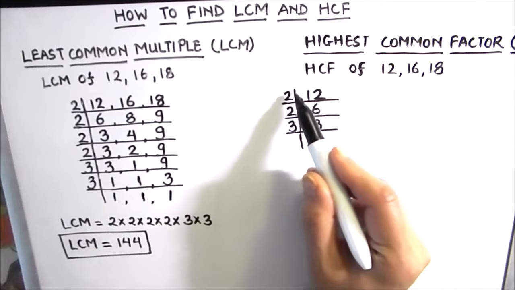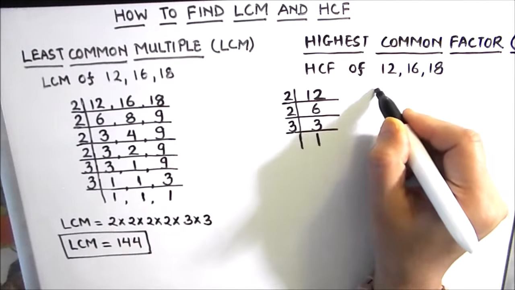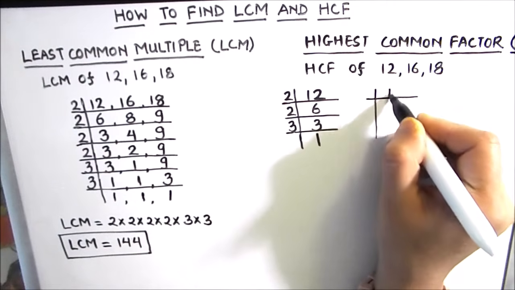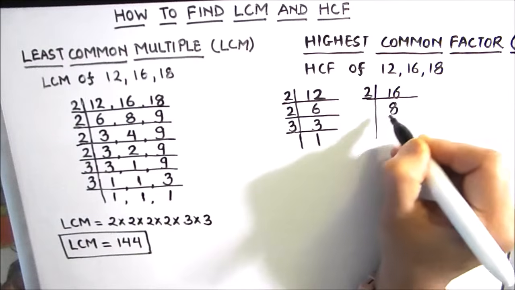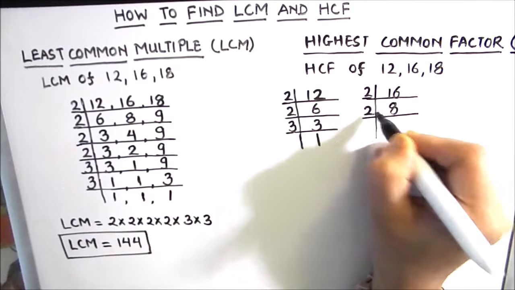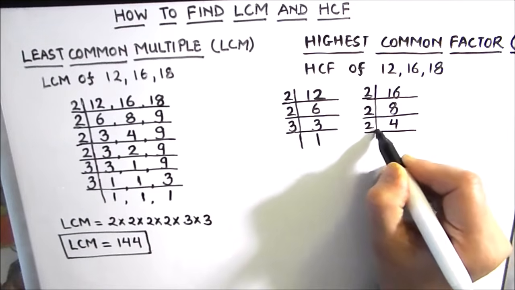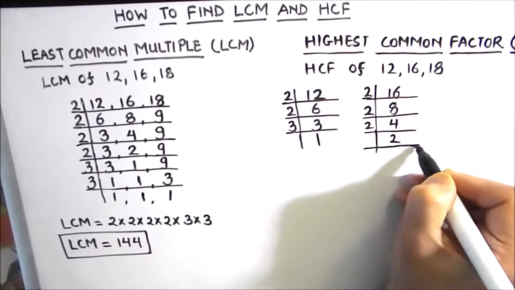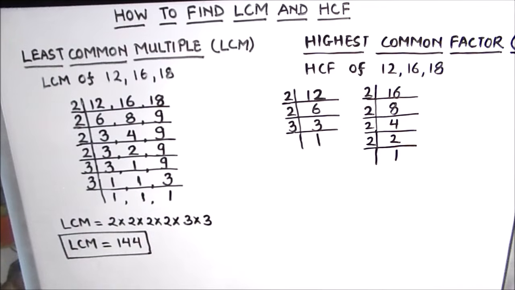So we got the factors of 2, 2, 3 on the left hand side of the ladder. Next, we will find the factors of 16. 2 times 8 is 16. Again, we can divide by 2. 2 times 4 is 8. 2 times 2 is 4 and 2 times 1 is 2. So 16 is also fully divided.